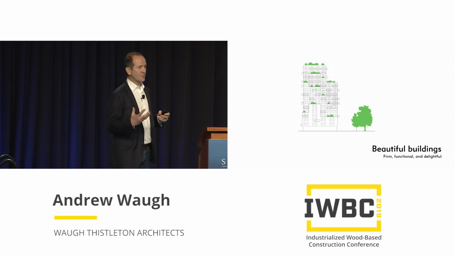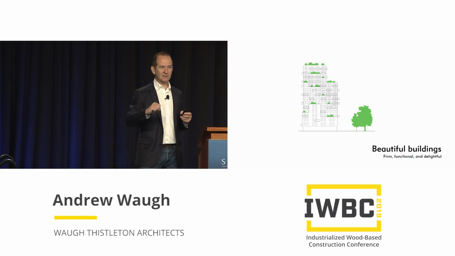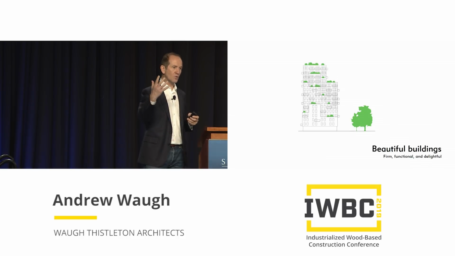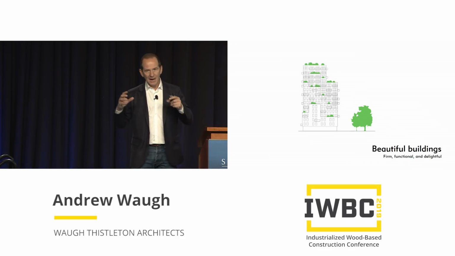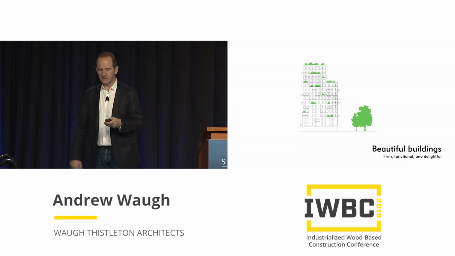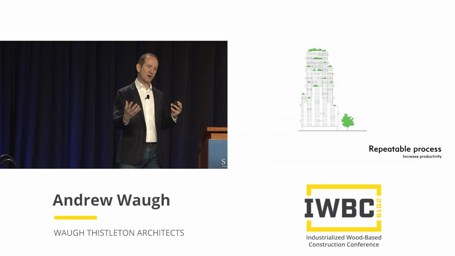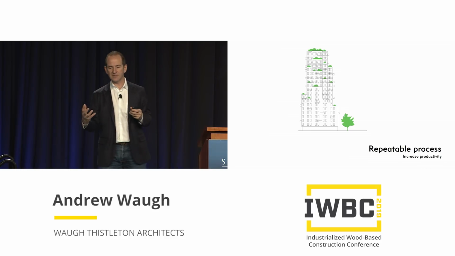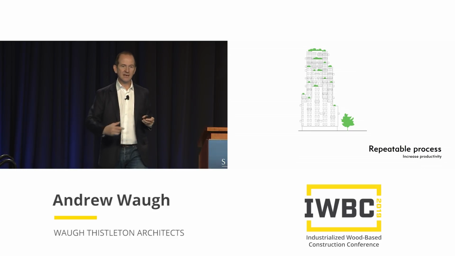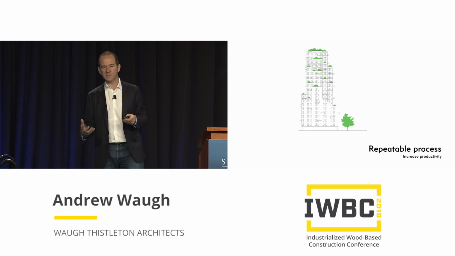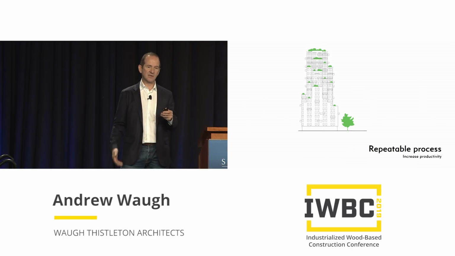And that these were beautiful buildings, so really solid buildings, not like the kind of dry-walled towers that we're putting up now, but actual kind of solid, meaty buildings, firm, functional, and delightful. And that this could be a factory process, that we could begin to industrialize with this, that we could increase productivity, increase quality, increase choice, and that this could be a repeated process.